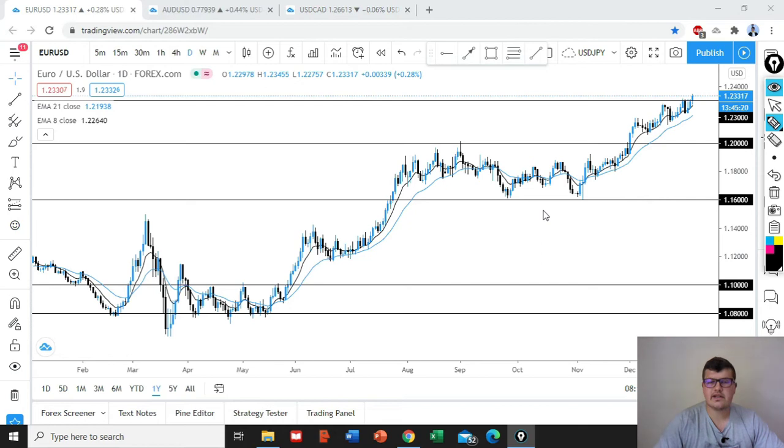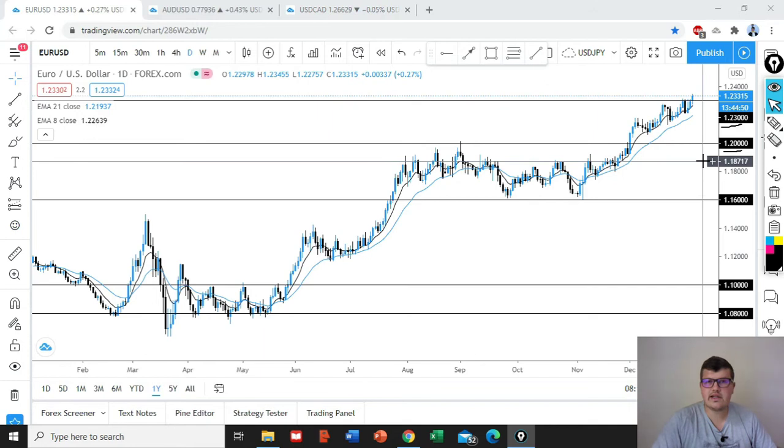So looking at a more recent psychological level, the 1.16 level, which also had some reaction to price, and as you can see, price just came into this psychological level and a massive rally higher followed. So with the most recent psychological level being this 1.23 and the 1.2 level on the Euro USD.